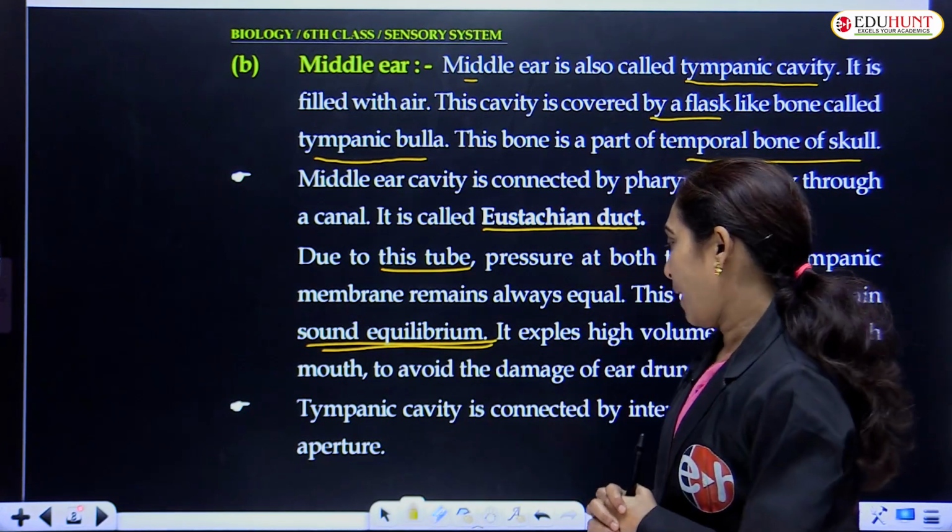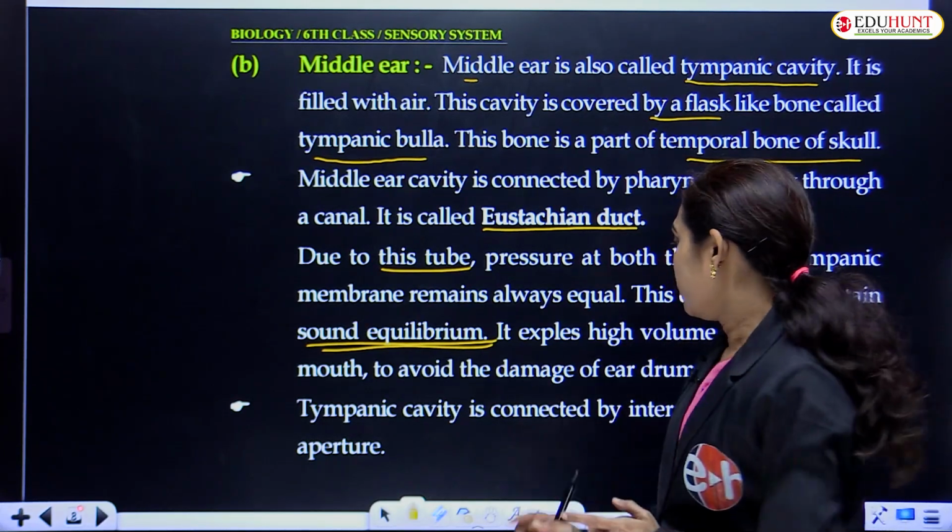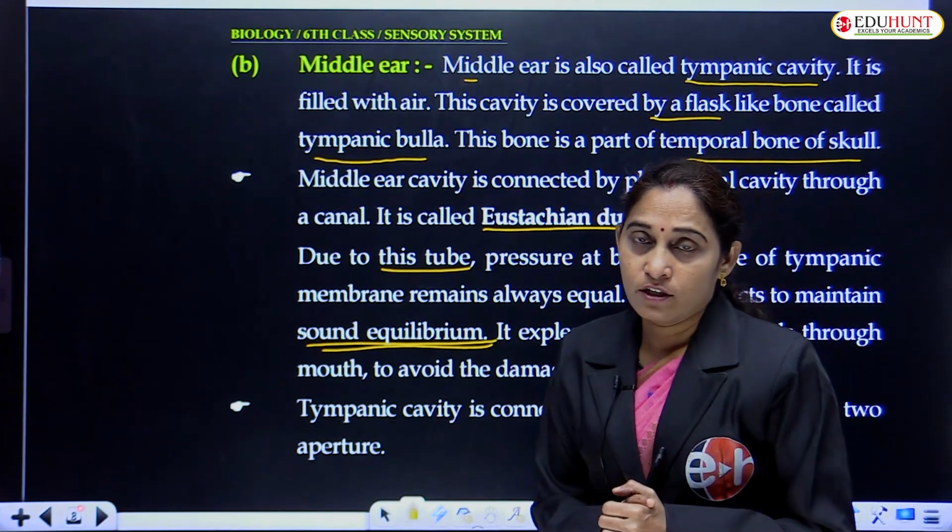And the tympanic cavity, the middle ear, is connected to the internal ear through two apertures.